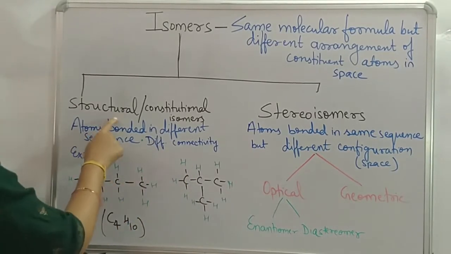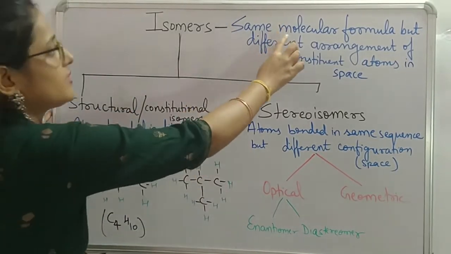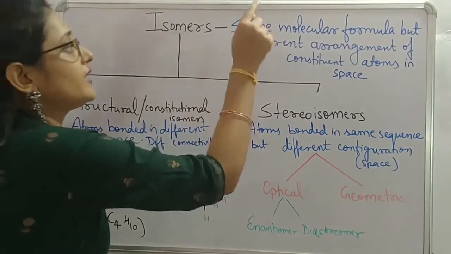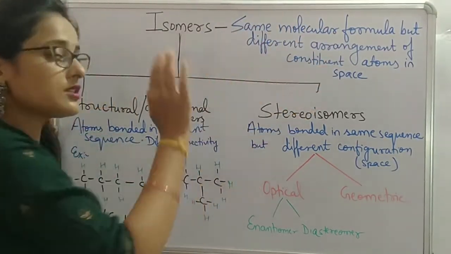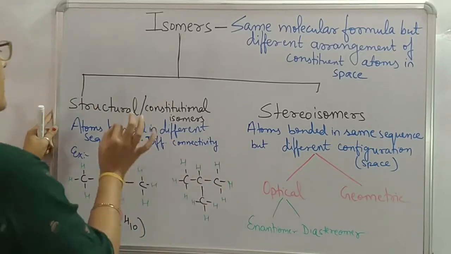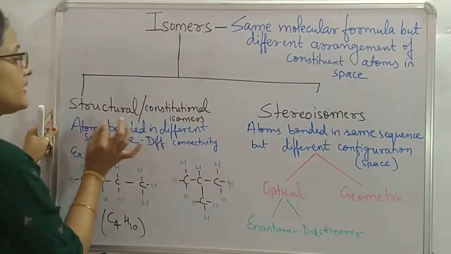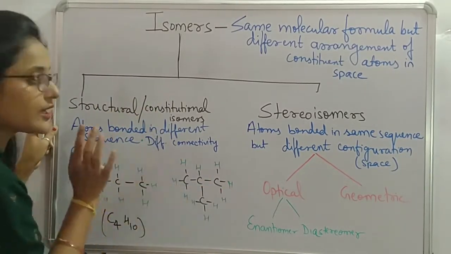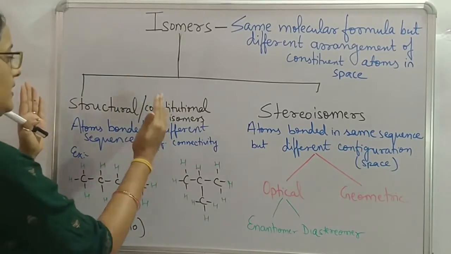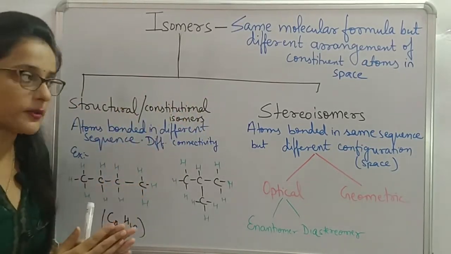So structural isomers are the compounds which have same molecular formula but different arrangement of constituent atoms in space. That is, they have different connectivity or atoms are bonded in different sequence. So this is our structural or constitutional isomer.